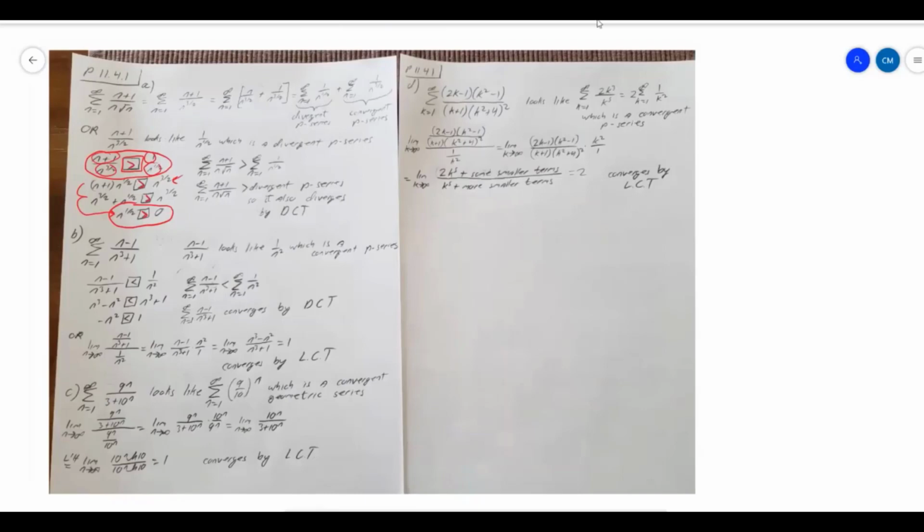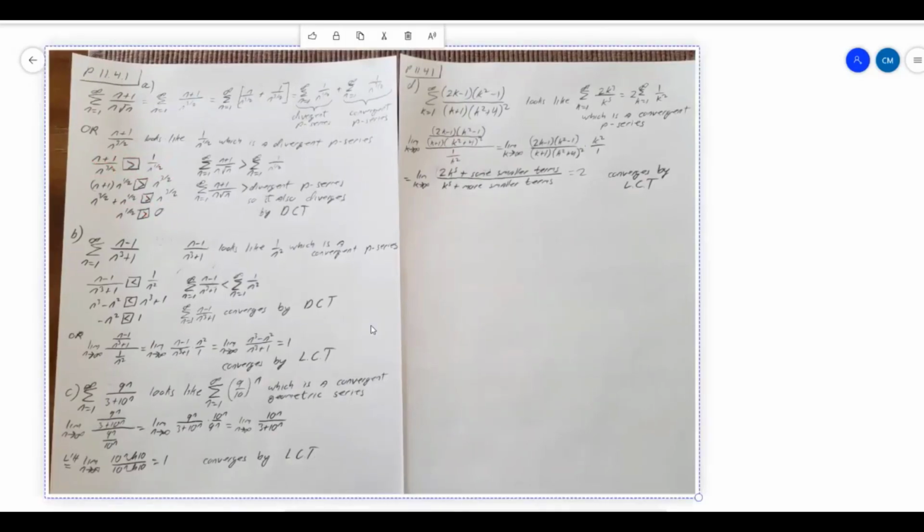So that's another option if you want to do that for determining which way that inequality is supposed to point. The next one, similar situation there. I think it turns out that all of these converge by direct comparison. Is that right, Michael? The first one and the second one did. The second one I did two ways: direct comparison and limit comparison. And the third one I did limit comparison.